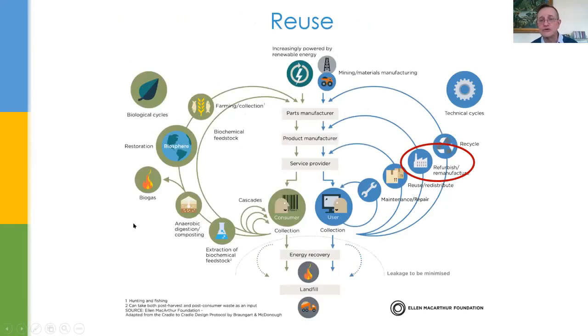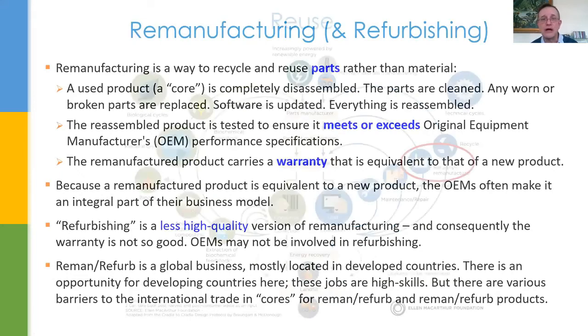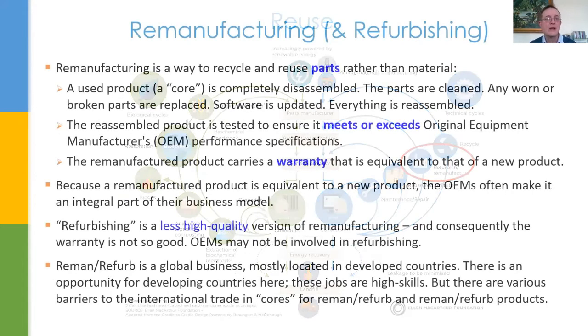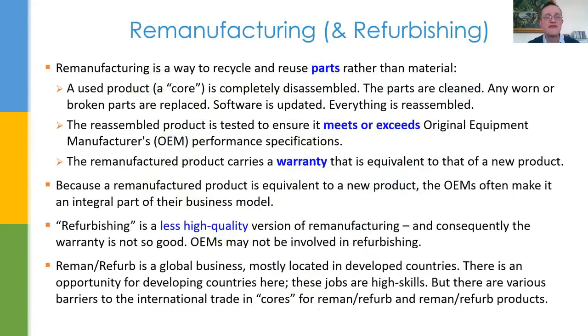What about reuse? Oh, sorry, that should be remanufacturing. Okay, let's remember that remanufacturing is a way to recycle and reuse parts rather than material. Now, for those of you who are not very familiar with remanufacturing, essentially what you do is take a used product, a so-called core, and that core is completely disassembled.